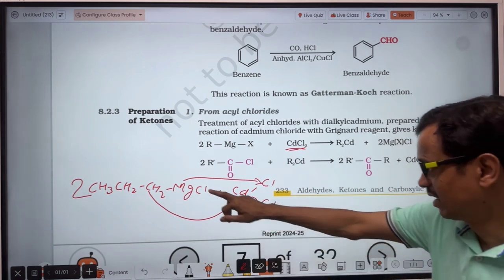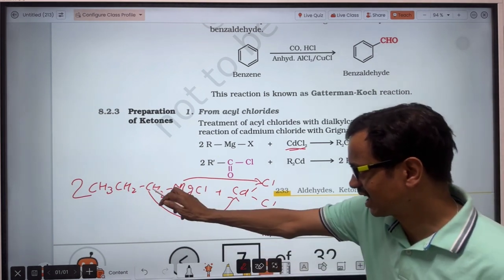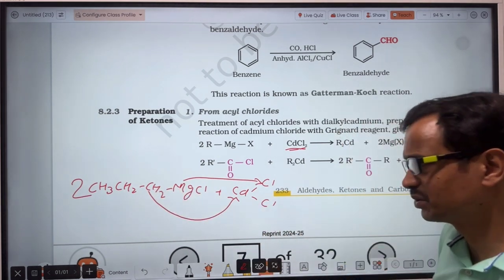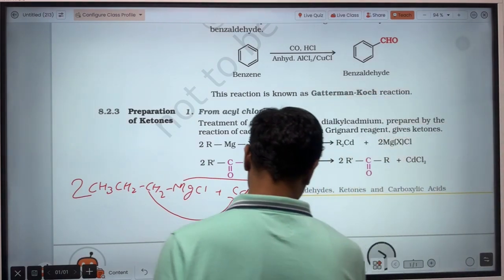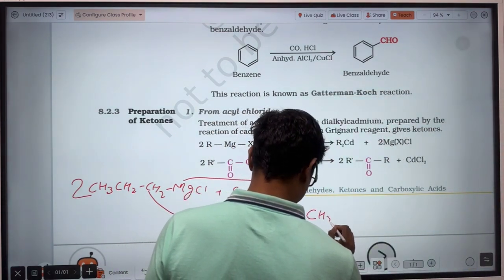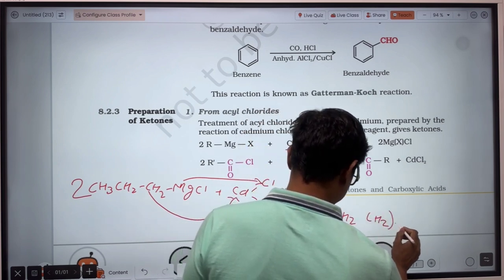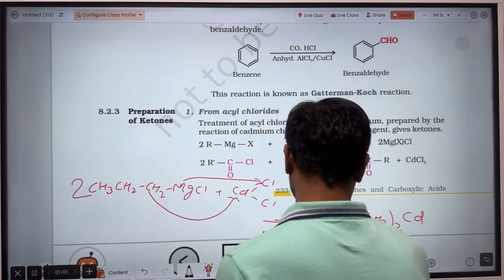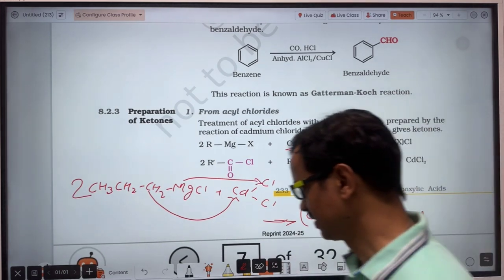Magnesium will combine with 1 chlorine from MgCl2, and the carbon of this alkyl part will bond to cadmium. As a result, there will be formation of dialkyl cadmium.